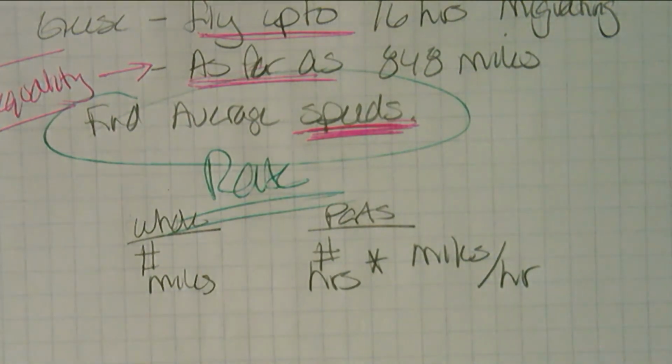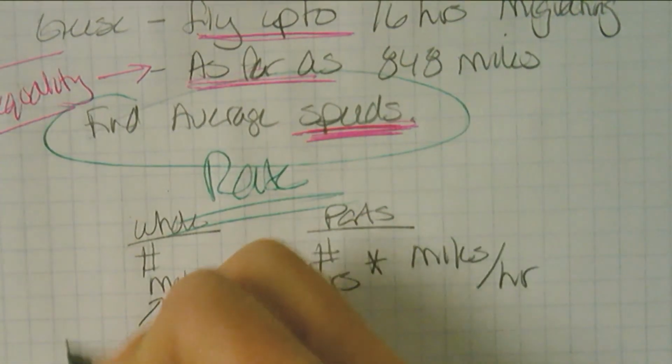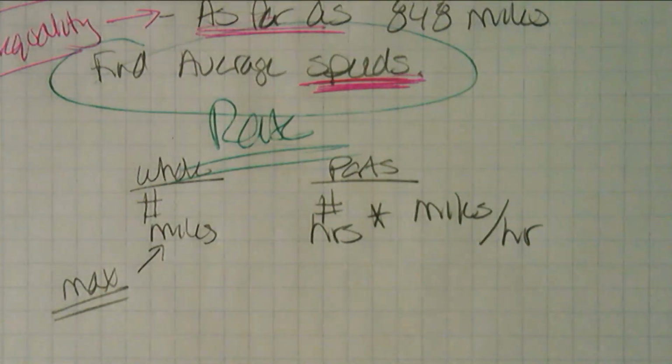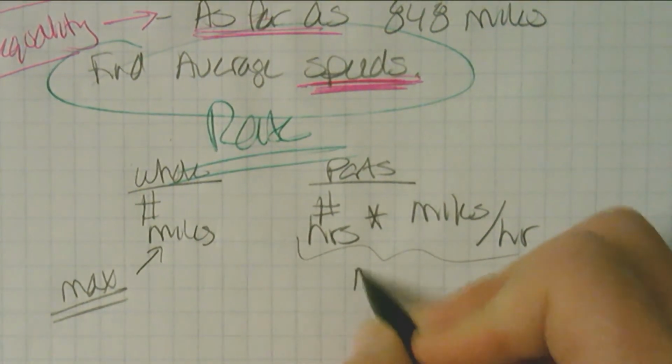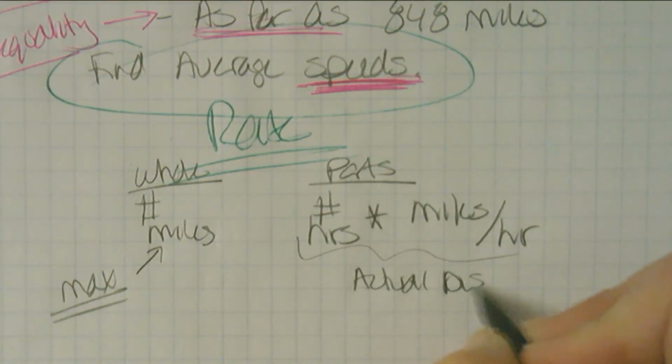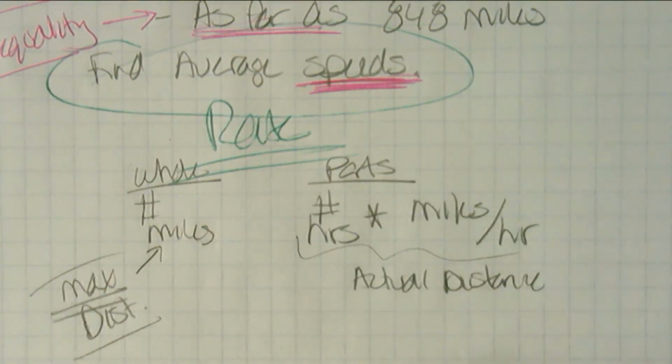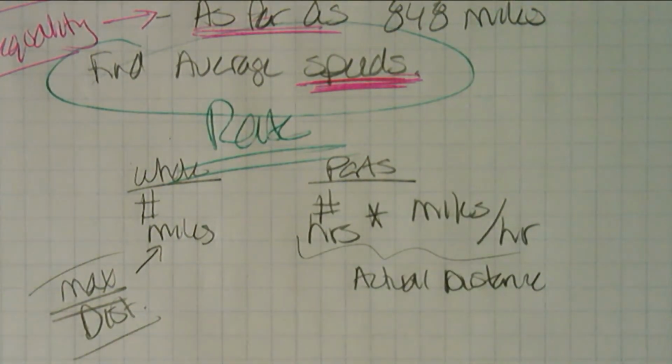Okay, so Cameron, those total miles, according to our statement up there, are those a maximum they're going to go or a minimum they're going to go? That's a maximum because they go up to. So that is a maximum. So on this side is the actual distance. This is our max distance. So what can our actual distance be, Cameron, in relation to the maximum?